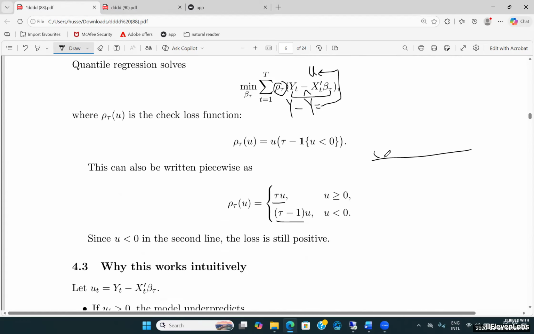For example, if our focus is on the lowest 10% of the distribution, then we would like the regression to focus on fitting the predicted value, which is low.